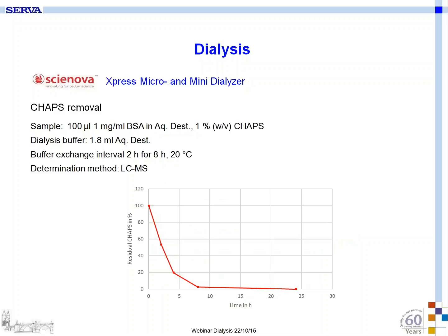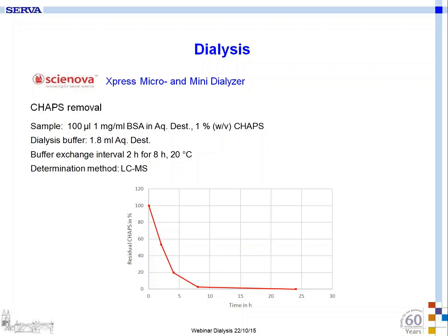So in this case, a 100 microliter BSA solution containing 1% CHAPS was dialyzed against 1.8 ml water. The whole dialysis time was 8 hours, and every 2 hours the buffer was exchanged. And you see again in the chart that after 8 hours, there's only 2.5% residual CHAPS concentration in your sample.